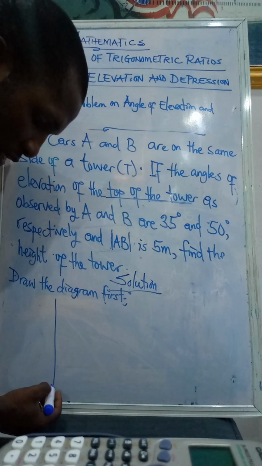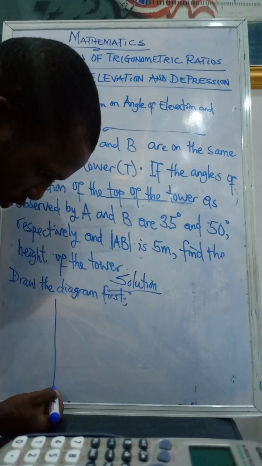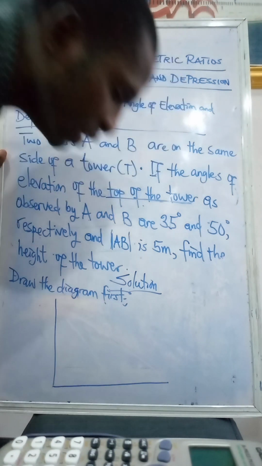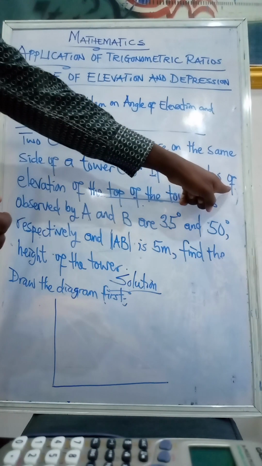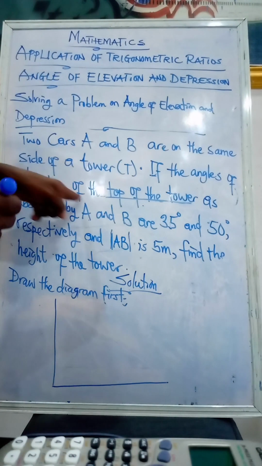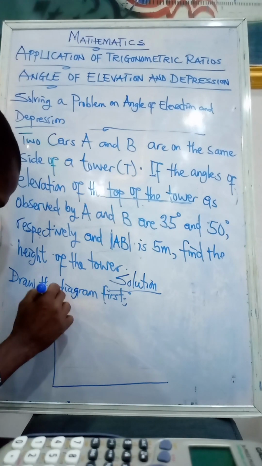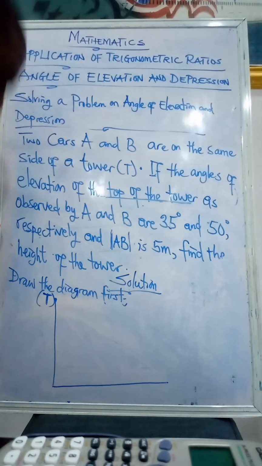So that means the two of them are on the ground. So I'll put the ground level there. Now it says the angle of elevation of the top of the tower. This is the top of the tower. They say we should put T, so we use T to represent the top.